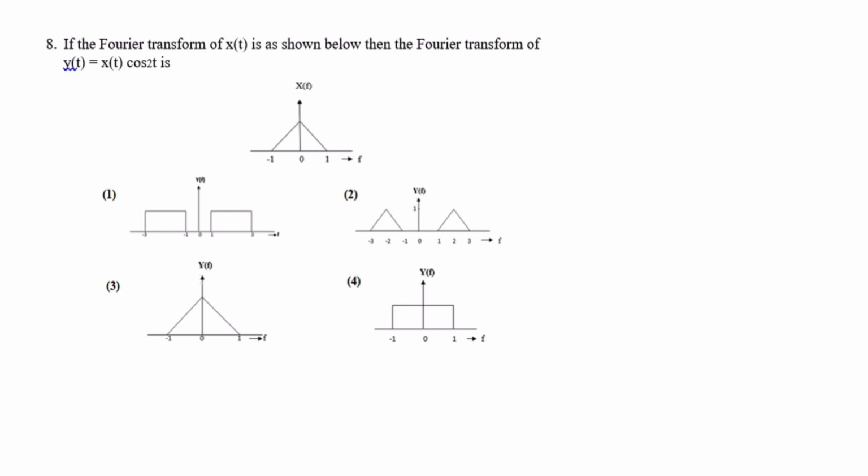Next question. If the Fourier transform of a signal x(t) is given below, for a signal small x of t, its Fourier transform is capital X of f, given below.